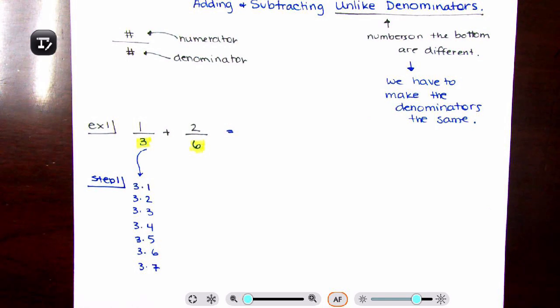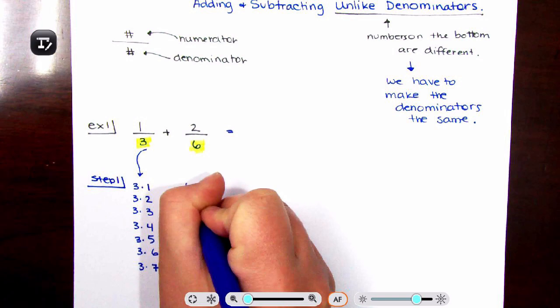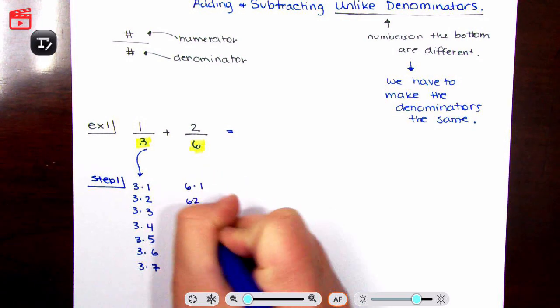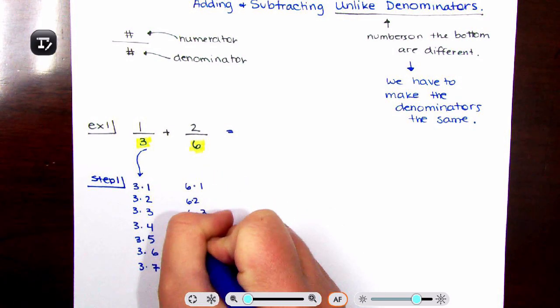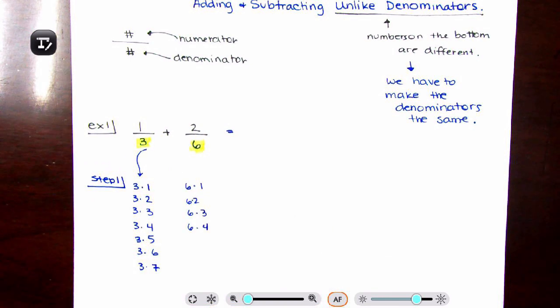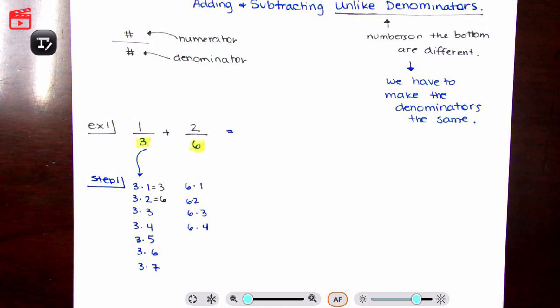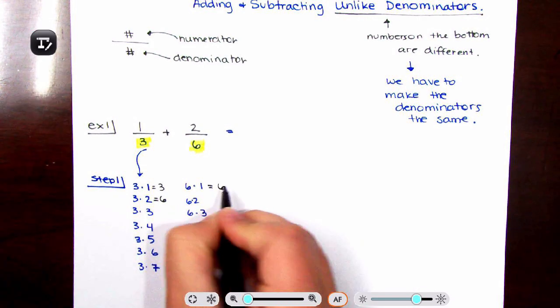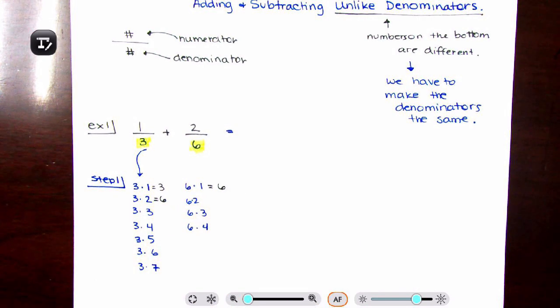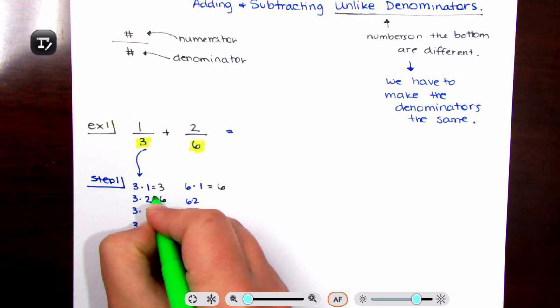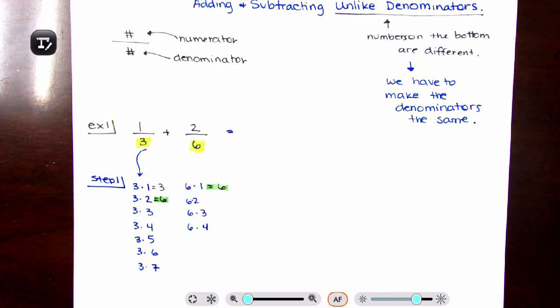And you'll see here in just a few seconds when we have enough. 6 times 1, 6 times 2, 6 times 3, 6 times 4. So 3 times 1 is 3, 3 times 2 is 6. Oh, look, 6 times 1 is 6. So we are listing our multiples until we get something that has the same output. Notice that this output and this output are both 6s. So we are going to stop there.